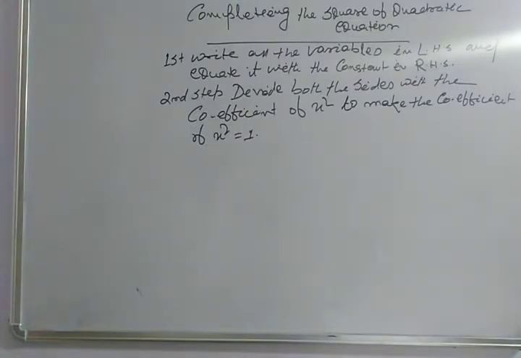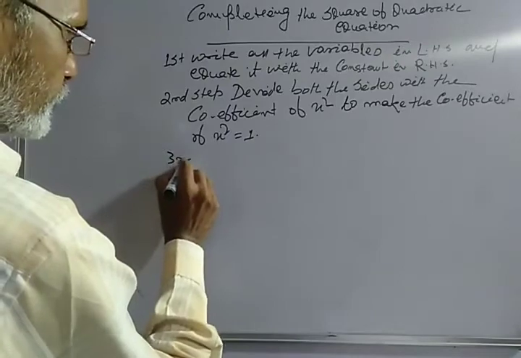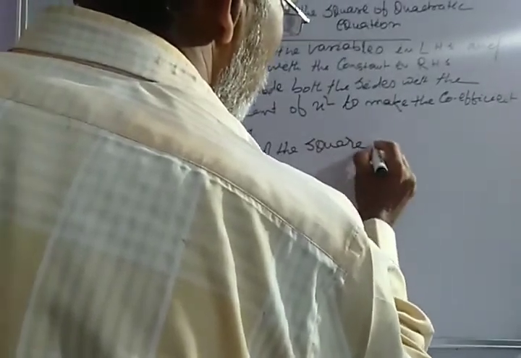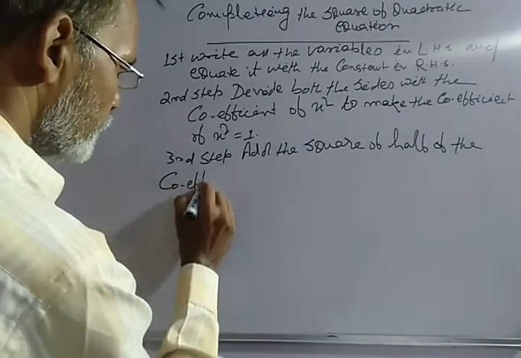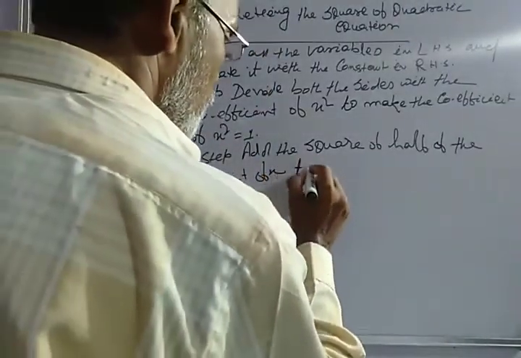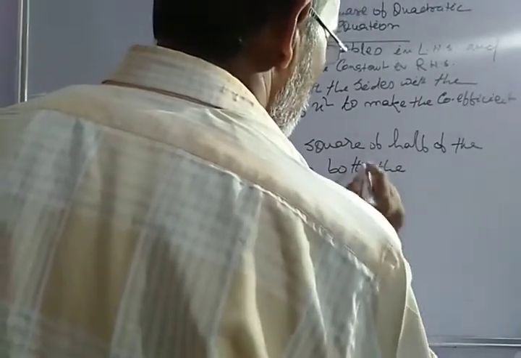Number 3, in the third step, add the square of half of the coefficient of x to both the sides.